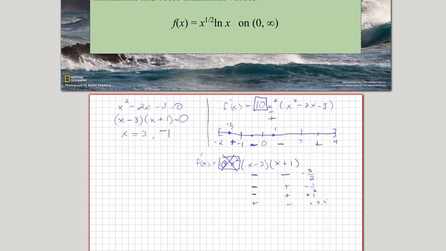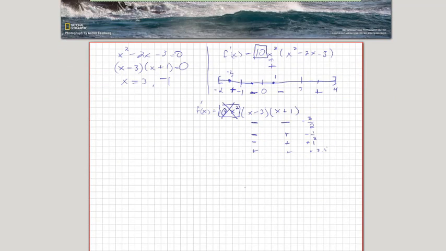So that means on this interval, let me redraw it down here. This is 4, this is negative 2. Here's negative 1, where I know my derivative is 0, and here's 0, and here is 3.